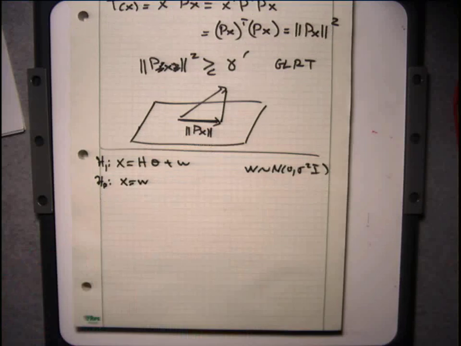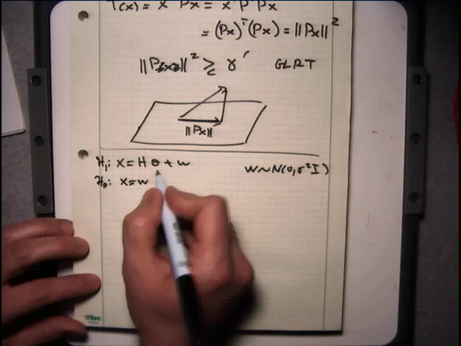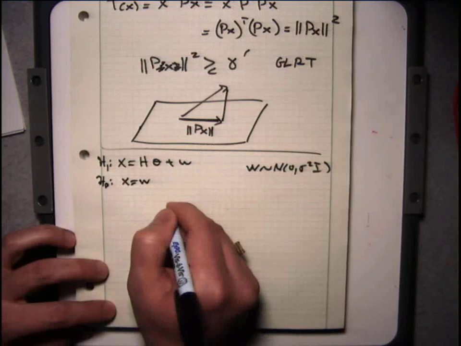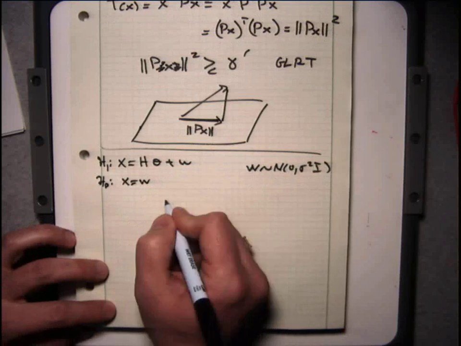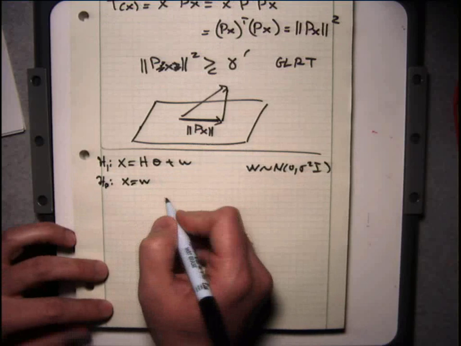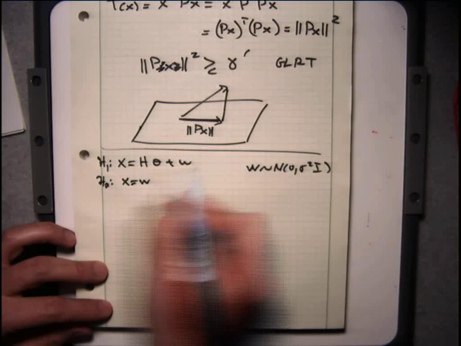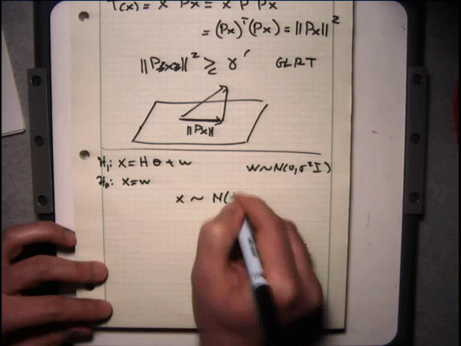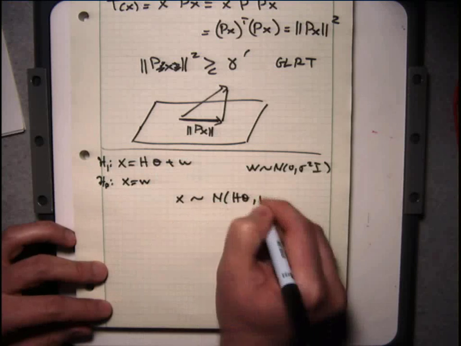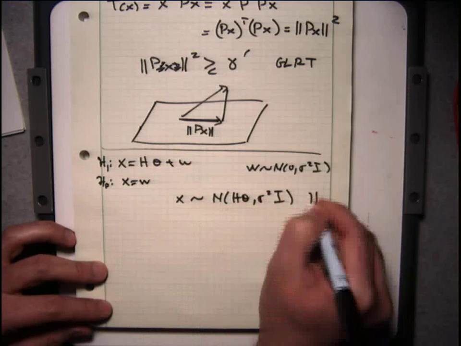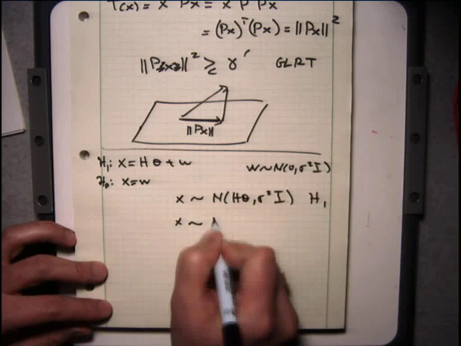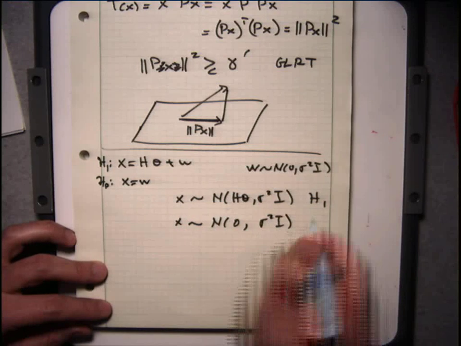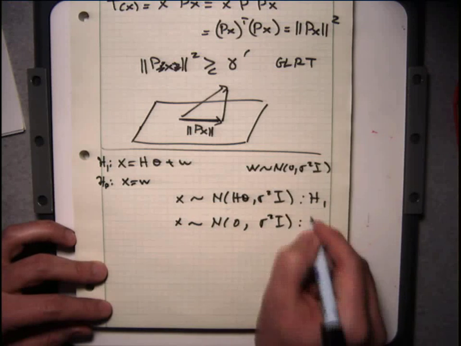If theta is known, then the performance that we had was, okay, in this case you're going to get a Gaussian. So x is going to be Gaussian with mean h theta and covariance sigma squared identity under h1, and x is going to be normal with mean 0 and covariance sigma squared identity under h0.